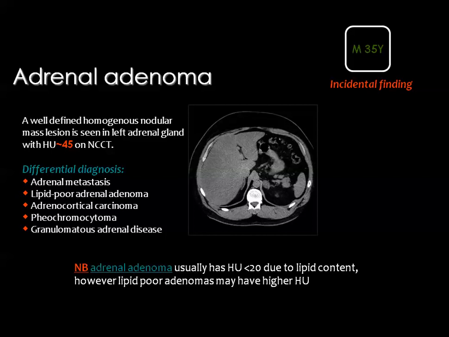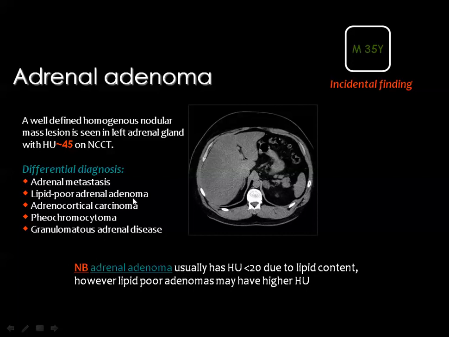Then the adrenal adenoma is a well-defined lesion in the suprarenal gland. If the density is around 0, minus 10, plus 10, you may think of lipid-rich adenoma. But if the density is higher in the pre-contrast scan, lipid-poor and the other suprarenal masses are included in the differential diagnosis. You can include metastasis, carcinoma, pheochromocytoma, granulomatous disease, as well as lipid-poor adenoma.